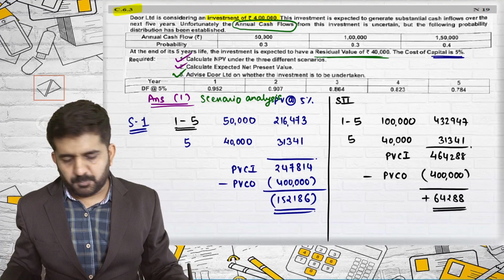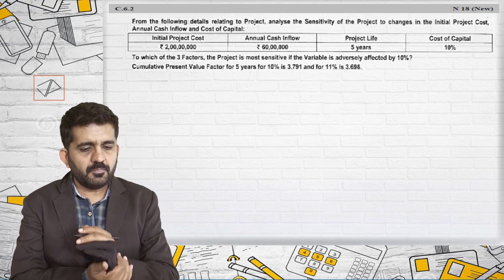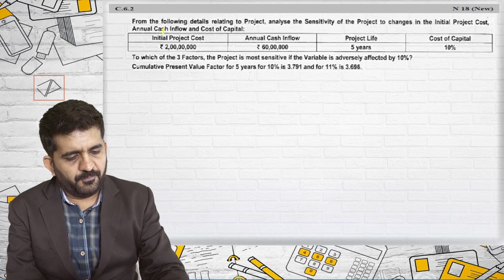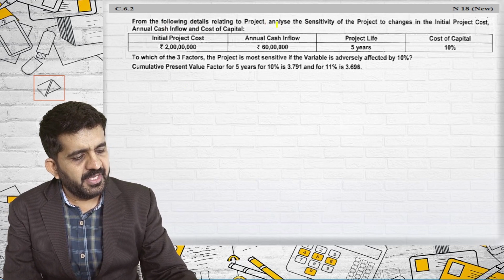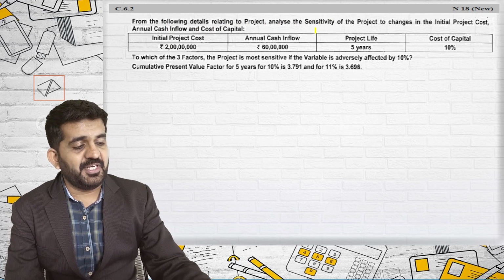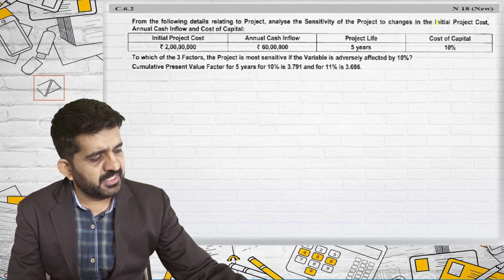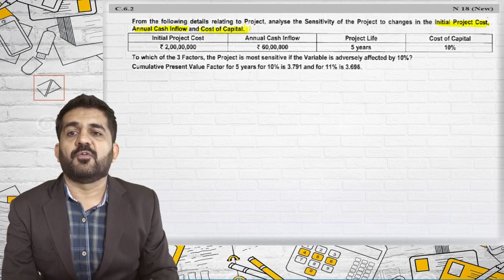Second one is 6.2. From the following details relating to the project, analyze the sensitivity of the project, a sensitivity analysis question, to the changes in initial project cost, annual cash flow, and cost of capital.